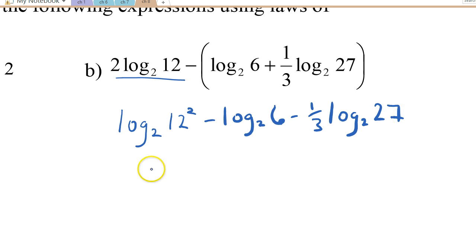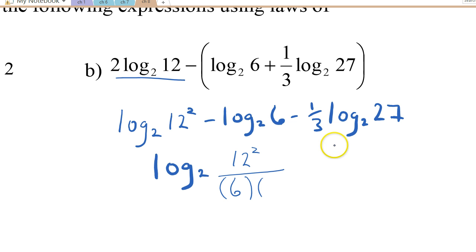And so if I want to put this all under one expression, I'll have log base 2 of 12 squared divided by 6, and also in the denominator will be 1/3 of... oh, you know what, I could have simplified this a little bit because I have this 1/3 here, so I'm going to get rid of this 1/3 part and change this to a cube root.